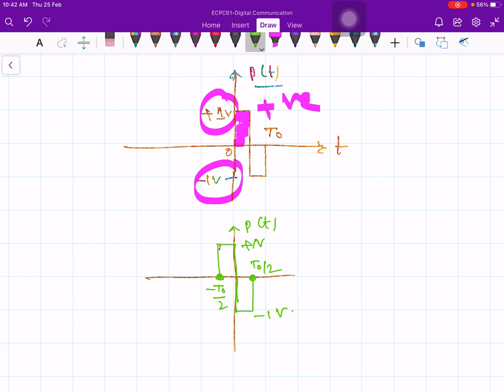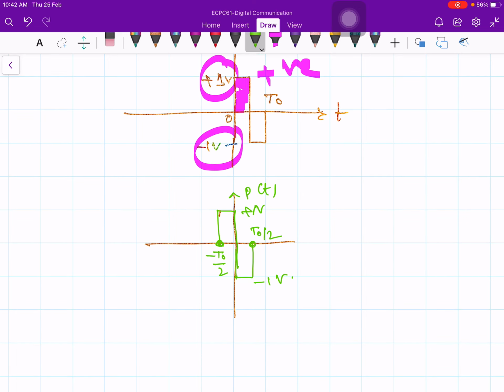So this is what you do in Manchester coding. Okay, so this is how you choose a pulse shape in Manchester coding. So your overall interval T naught is split into a positive portion and a negative portion with equal areas, so that the net area under the pulse is 0.